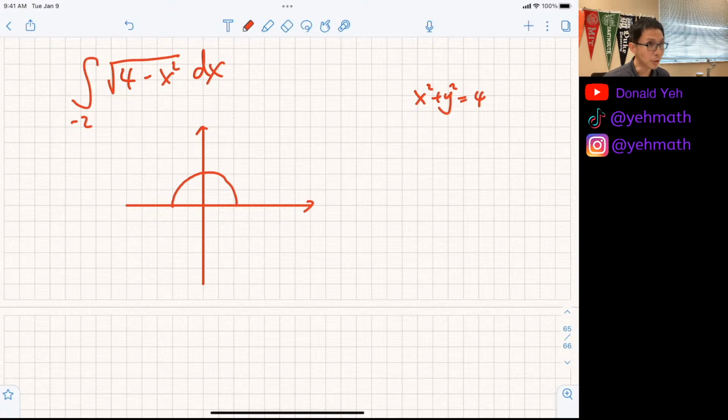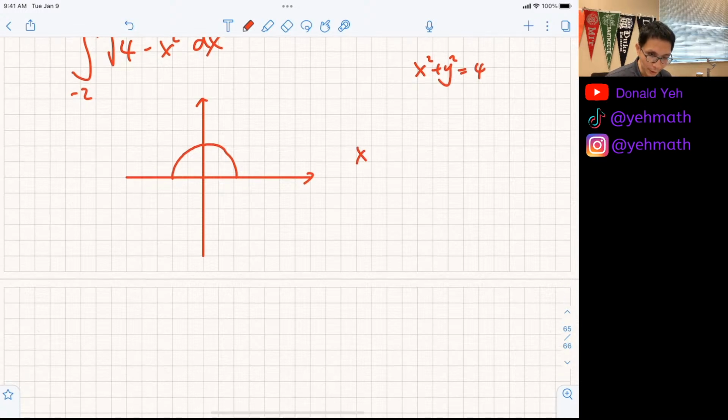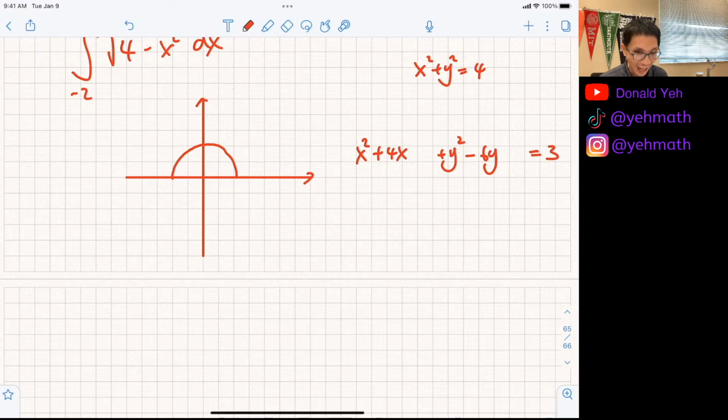Okay. Also, how many of you are taking the SAT this weekend? This weekend? Okay. Do me a favor. You need to know how to do this. It's called completing the square, and you have to learn it right now.